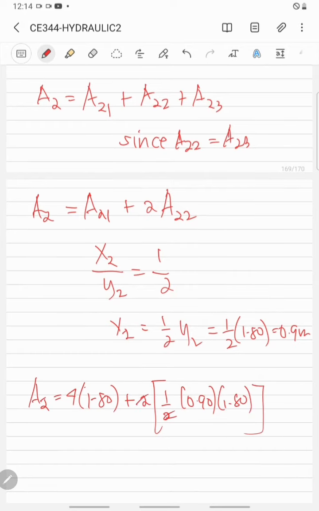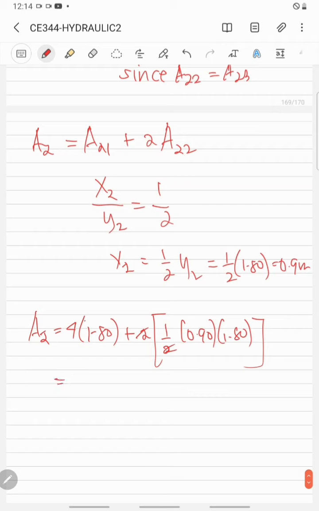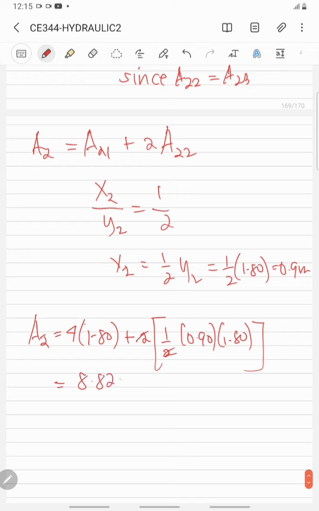So we can cancel the 2 over 2. So we will compute 4 times 1.8 plus 0.9 times 1.8. The answer for the area of flow for section 2 is equal to 8.82 meters squared. Okay, that is the area of section 2.